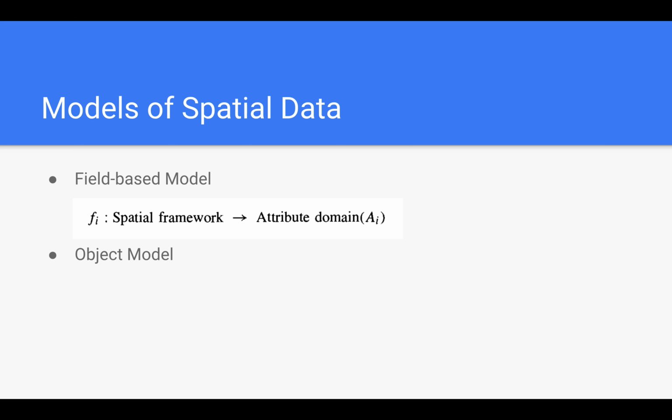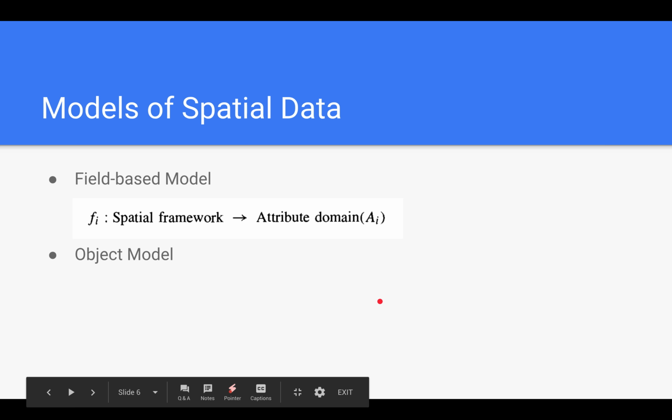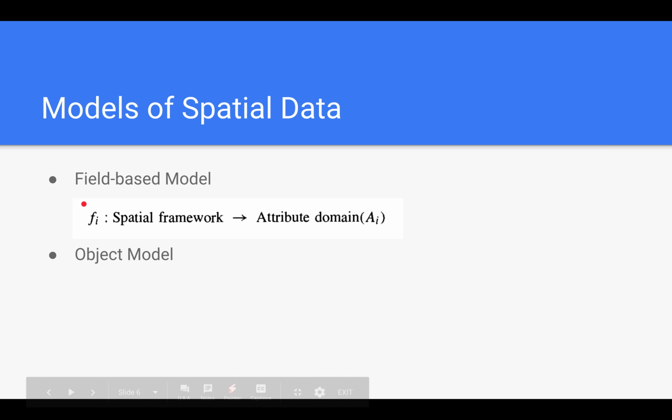And in Chapter 2, there are two common models for spatial data. The first one is called the field-based model, which uses functions with domains and ranges to represent data. The other one is the object model, which uses some collection data types to store data.